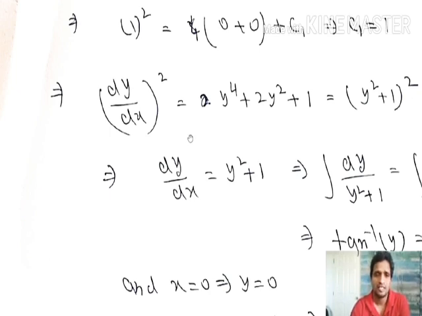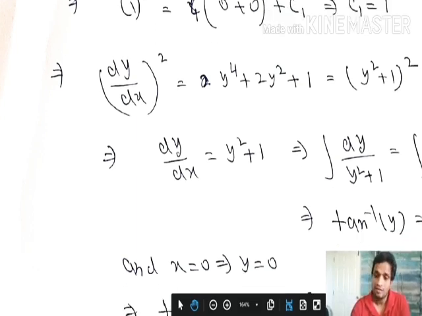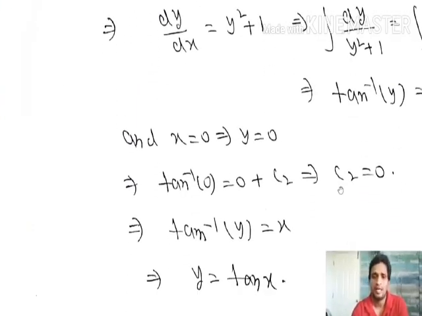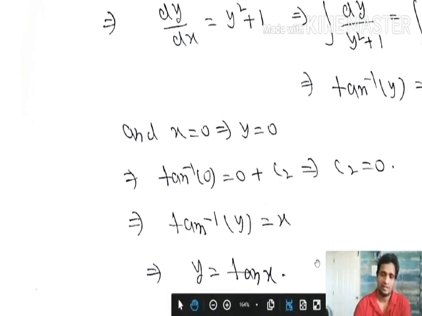So dy by dx is equal to y square plus 1. Integration on both sides gives, here dy by (y square plus 1) gives tan inverse y is equal to x plus c2. Again, we have to find the c2 value by applying x equal to 0, y equal to 0. We get c2 equal to 0. So tan inverse y equal to x. So y is equal to tan of x.